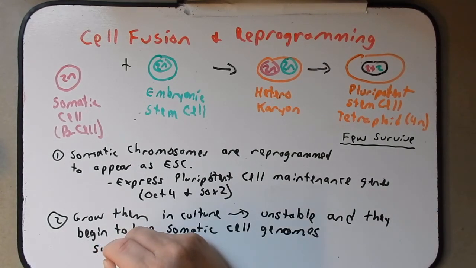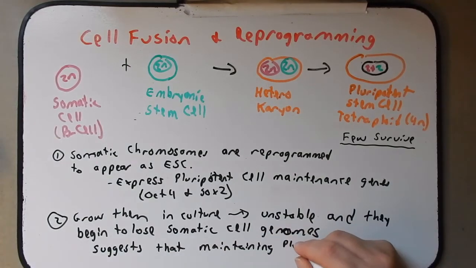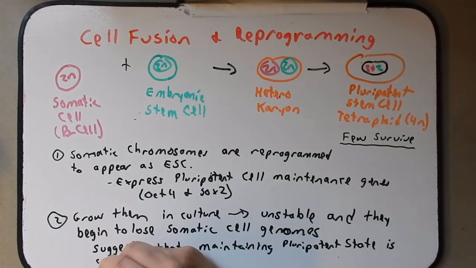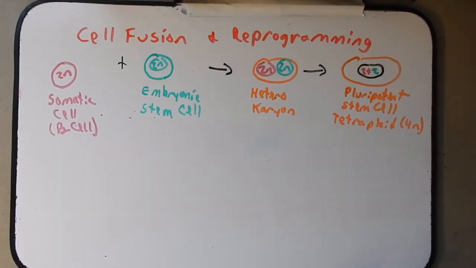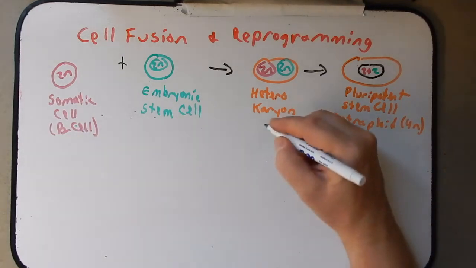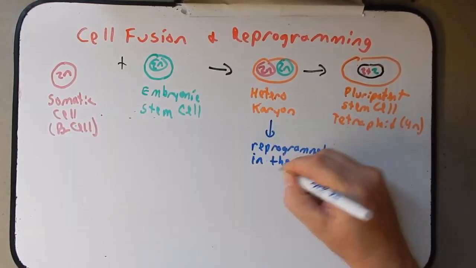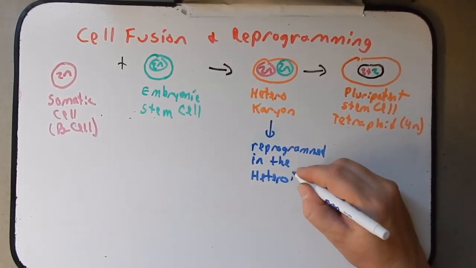This suggests that maintaining the pluripotent state is cis acting and less trans. What do I mean by that? Well, let's talk about that for a moment. Now, interestingly, when I say that the somatic cell is reprogrammed, it's reprogrammed in the heterokaryon.